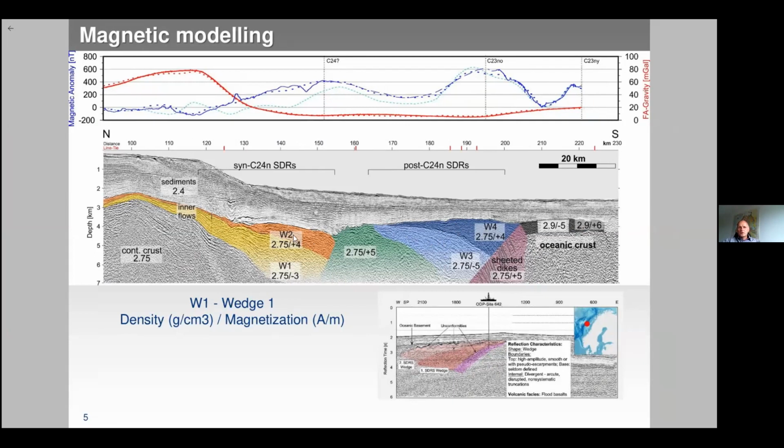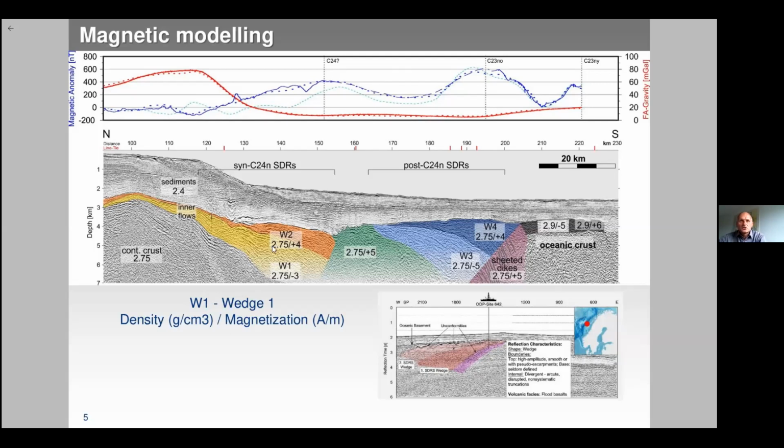We assigned to them magnetization and density values we know from that drill site here at the conjugate margin. And of course, we model the magnetic signal, the blue line here, that would be magnetics, and in red, that is gravity. That is certainly not a unique solution, but two things become clear here.